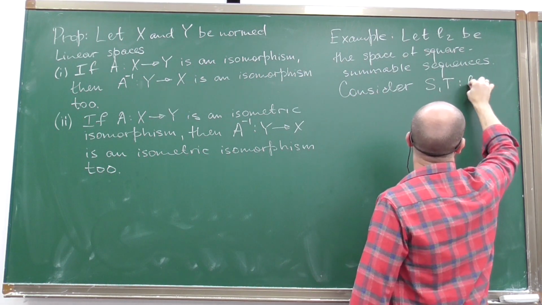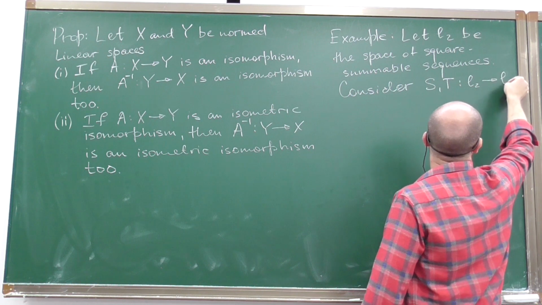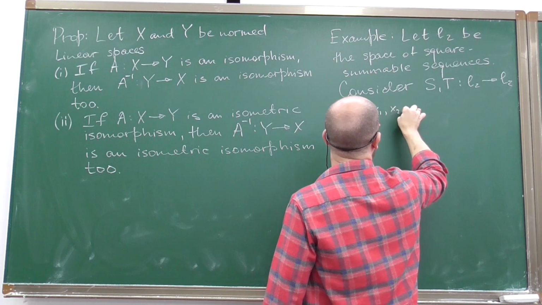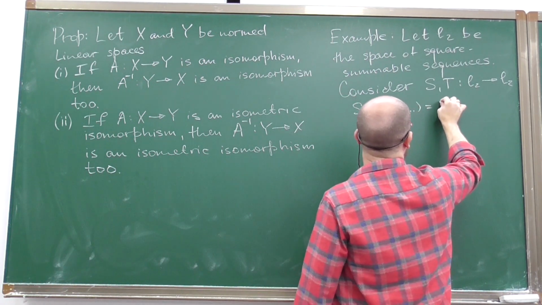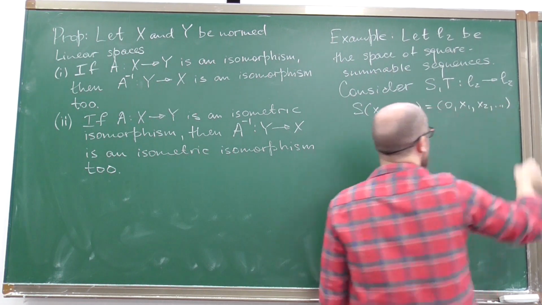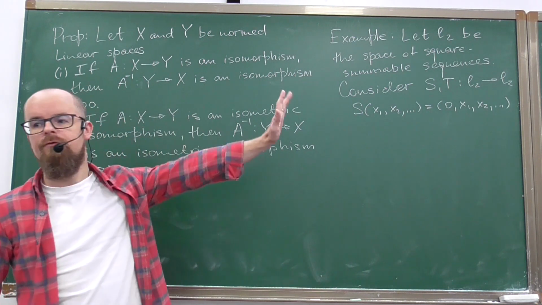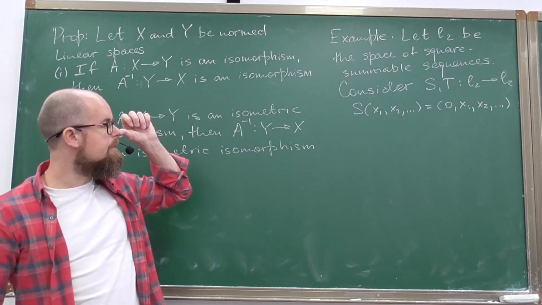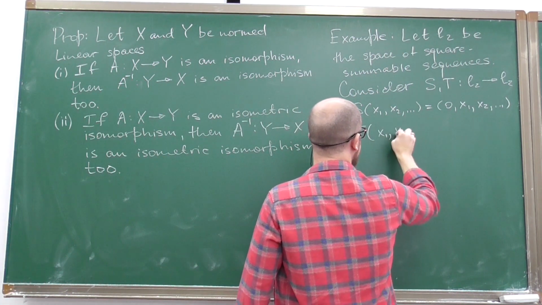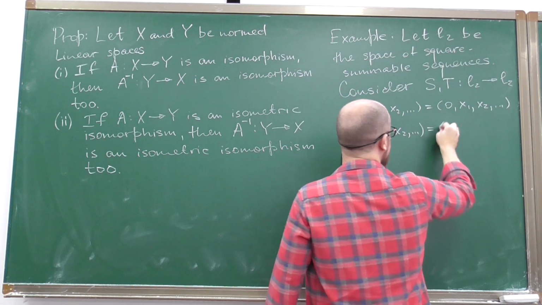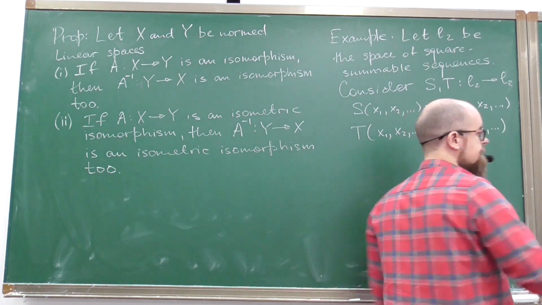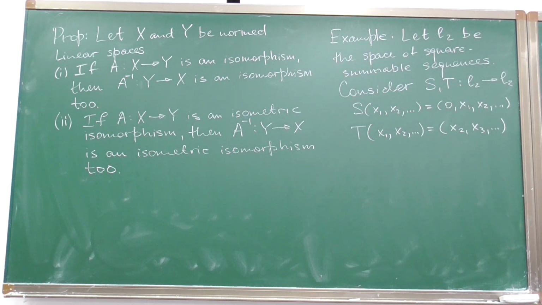Two operators, S and T, from L2 to L2, given by S of (x1, x2, and so on) equals (0, x1, x2, and so on). So the first operator is a shift to the right, so it's a right shift. It adds 0. And the second operator, T, is the left shift. So it shifts the sequence to the left, removing one element.